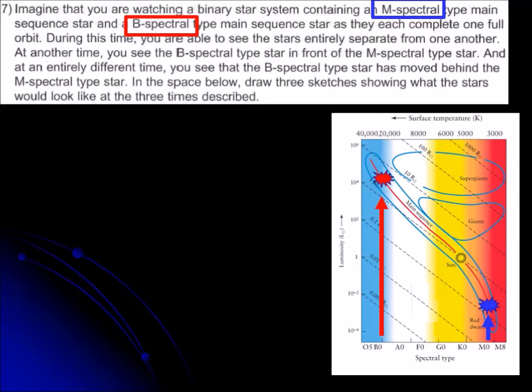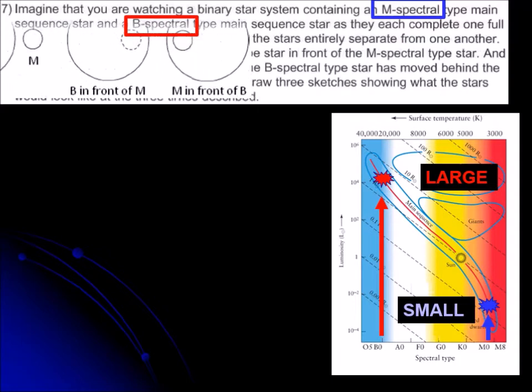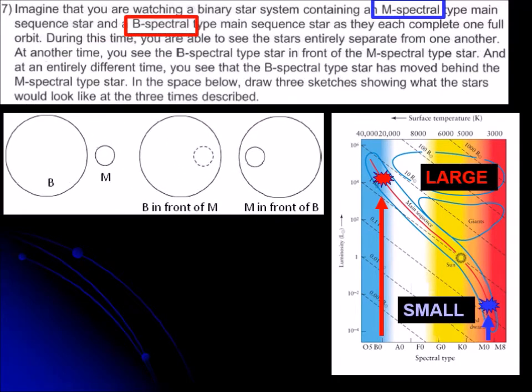The M is around a few tenths of the radius of the sun, and the B is several times larger than the radius of the sun. So one is large, the other one's small. So the drawing should look something like this. This is 2 side by side, one with the M behind, and one with the M in front.